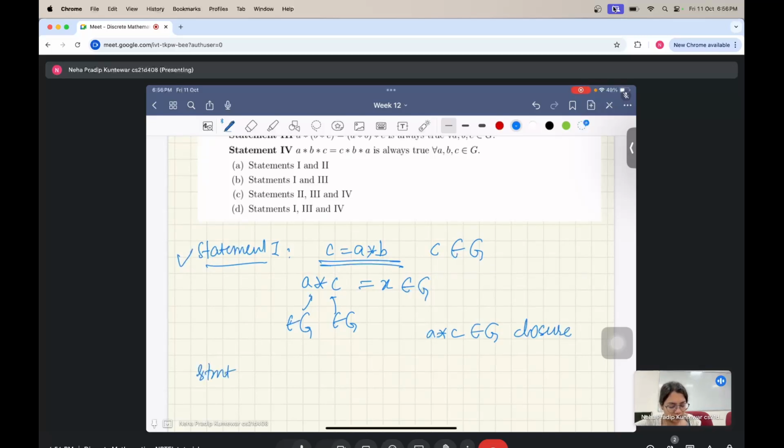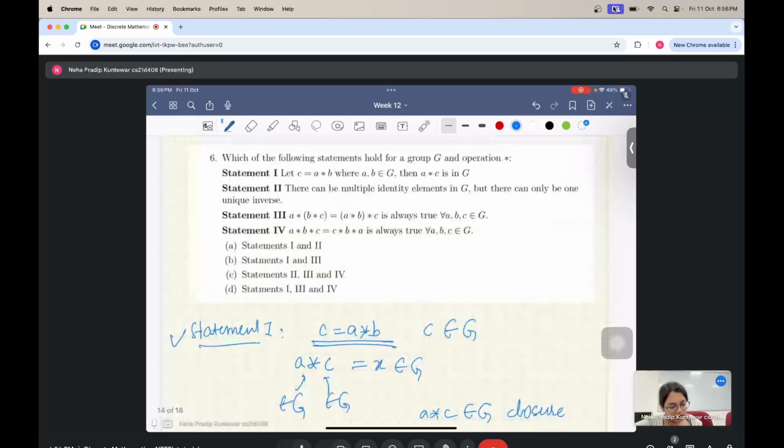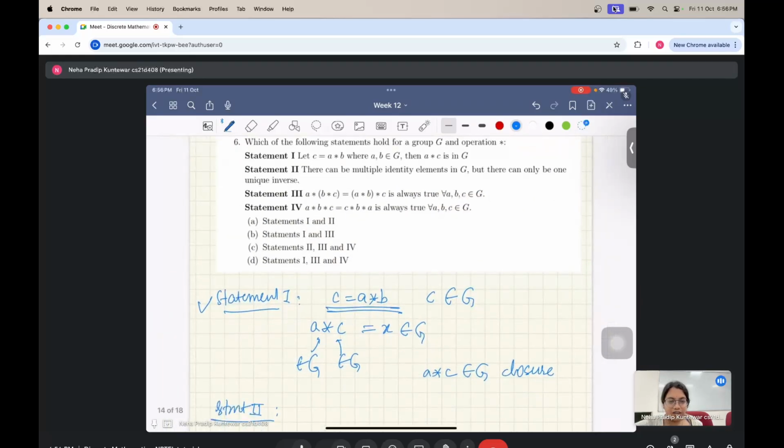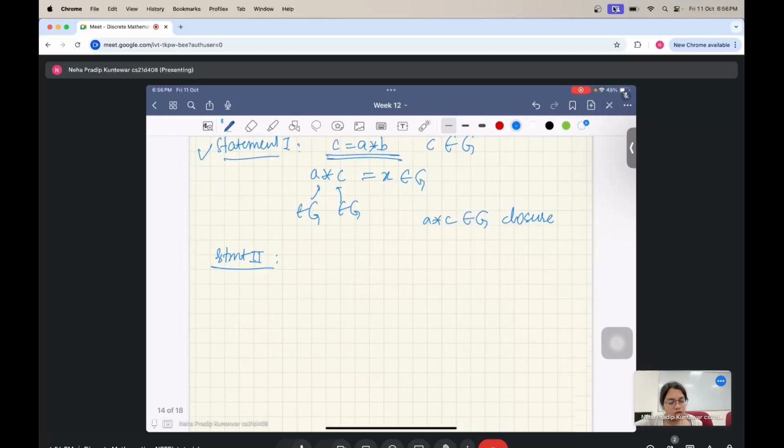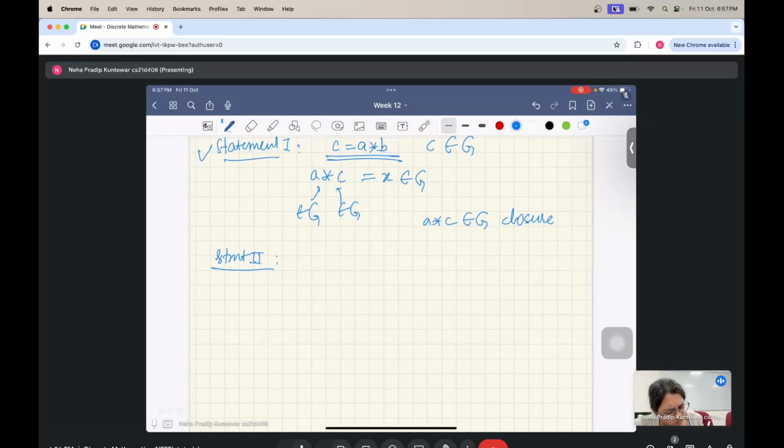Now let's understand statement 2, which says that you can have multiple identity elements, but there can be only a unique inverse. So notice that given a group, there is a unique identity element in a group G. Why is that?